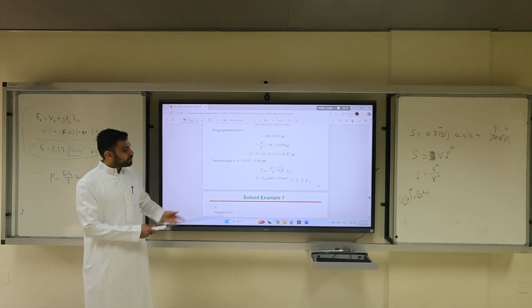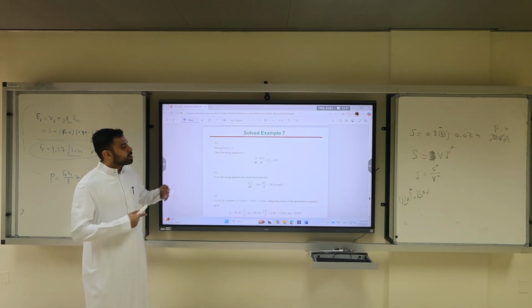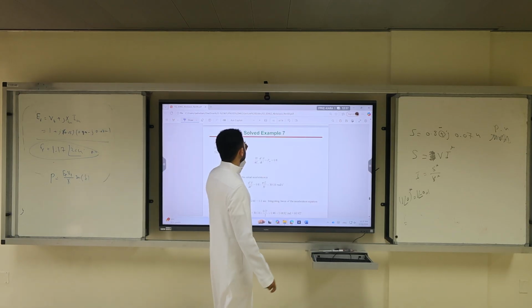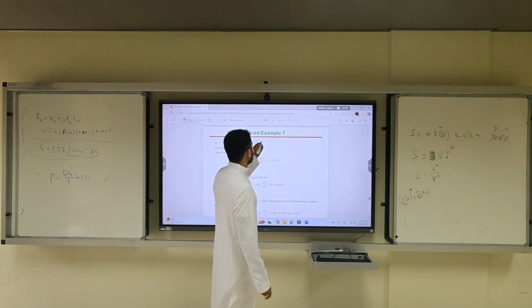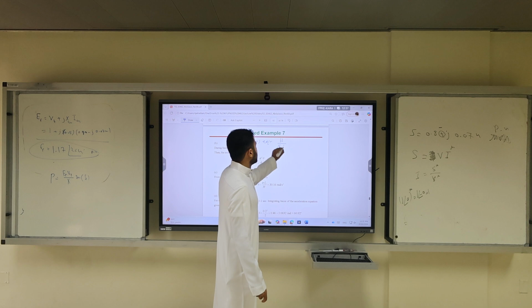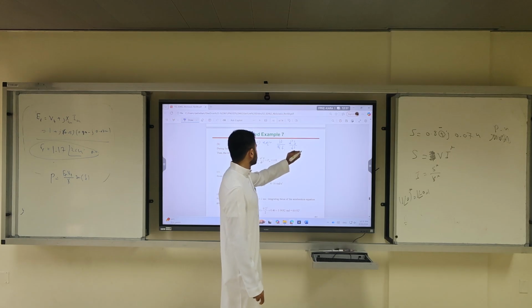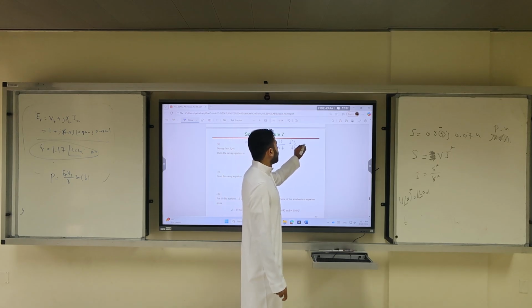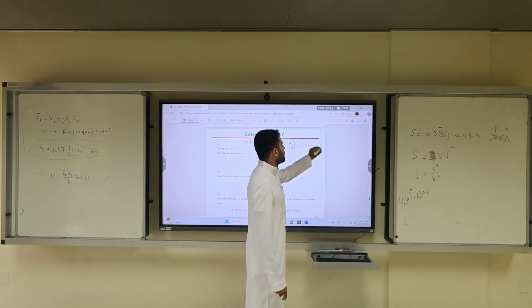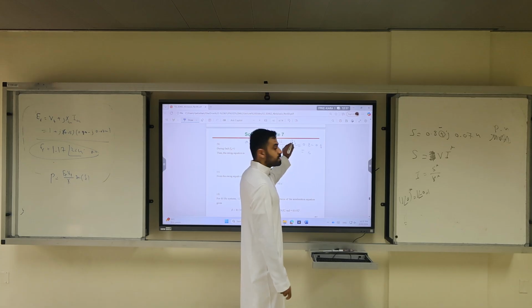So at part A, or equilibrium, you should have H over pi F0 times the second derivative of delta with respect to time equal to 0.8 minus 0.8, which is 0, so the acceleration is 0.